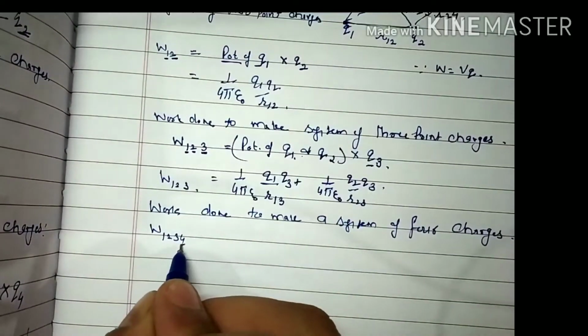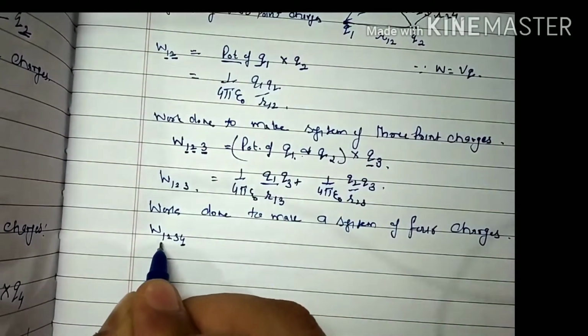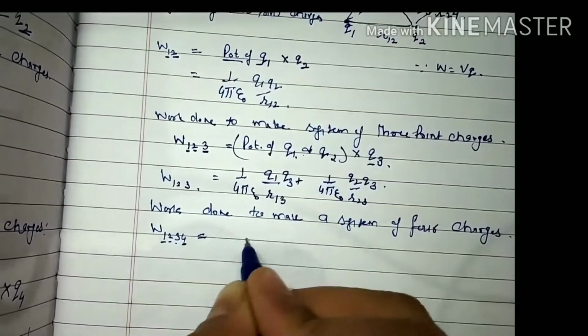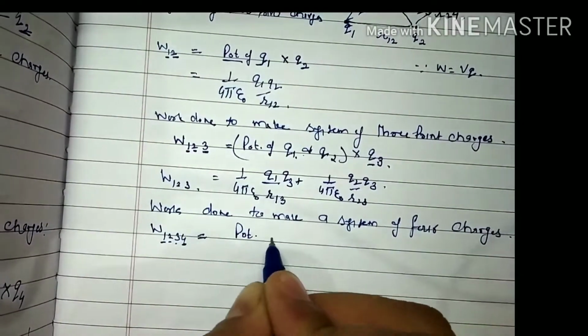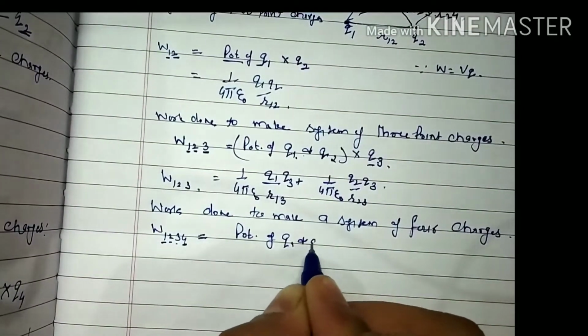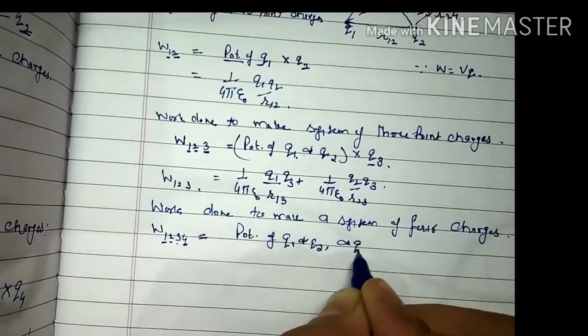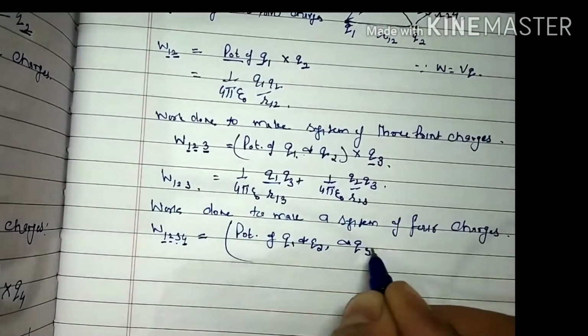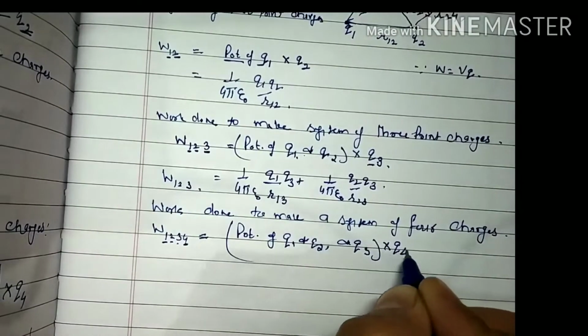So this Q4 charge is kept in the potential of Q1, Q2 and Q3, multiplied by Q4.